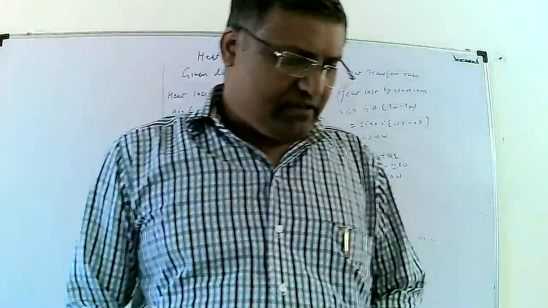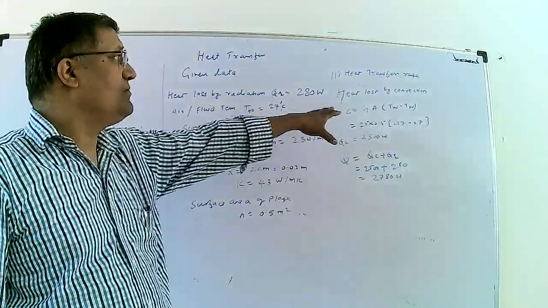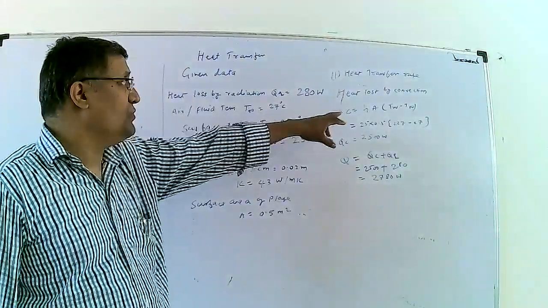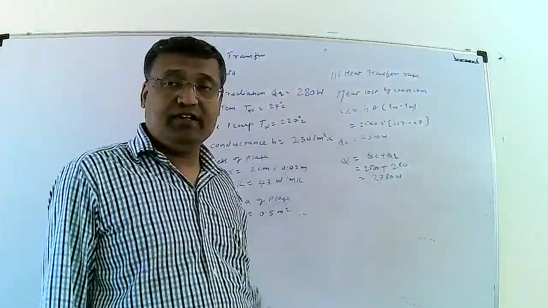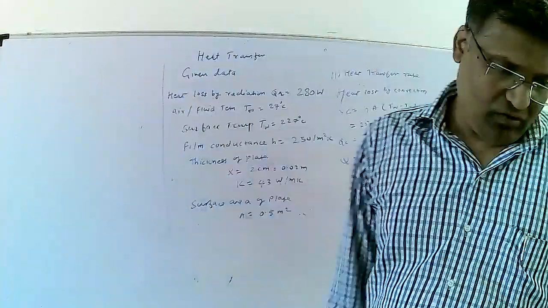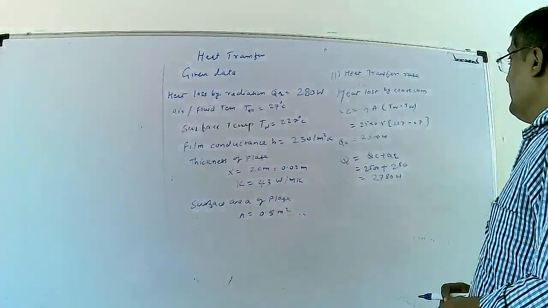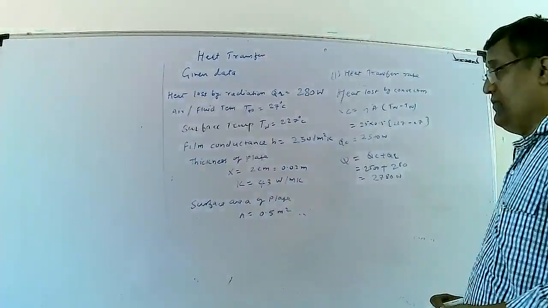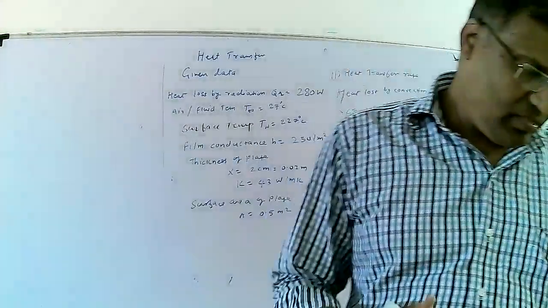Means that in this first heat transfer rate, we calculate the heat loss by convection, QC, equal to HA into bracket TW minus T infinity. Then total heat lost is heat loss by convection plus heat loss by radiation. We take the addition of both, then you will get total heat lost.